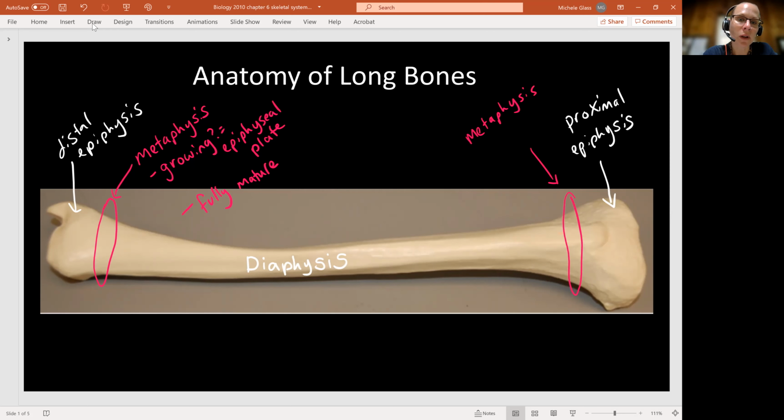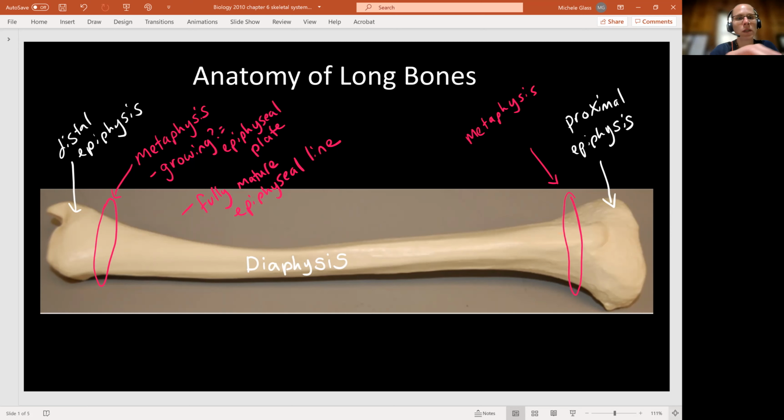And there is a difference in whether you have estrogen or testosterone in terms of reaching that fully mature length. So if the bone is fully mature here, we can also talk about this area as epiphyseal line. So epiphyseal line indicates that growth has stopped and there's no more cartilage in that area. So we can talk about this area circled in pink as the metaphysis, or we can use the terms epiphyseal plate to indicate growth is still occurring, or the term epiphyseal line to indicate that growth has stopped.